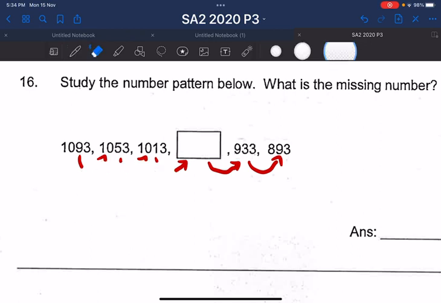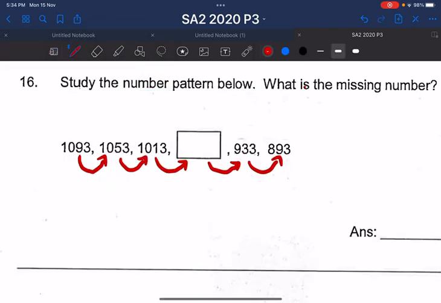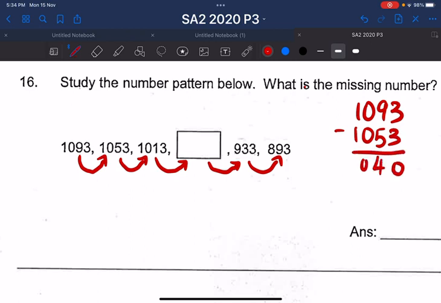Okay, let me put it somewhere else so that we have some space. So we're going to do the subtraction at the side to see how much is the difference. In this case we arrive at 40. So we know that it is a subtraction of 40. Now, of course, it will be good if you can check whether the pattern is also the same for the next number.